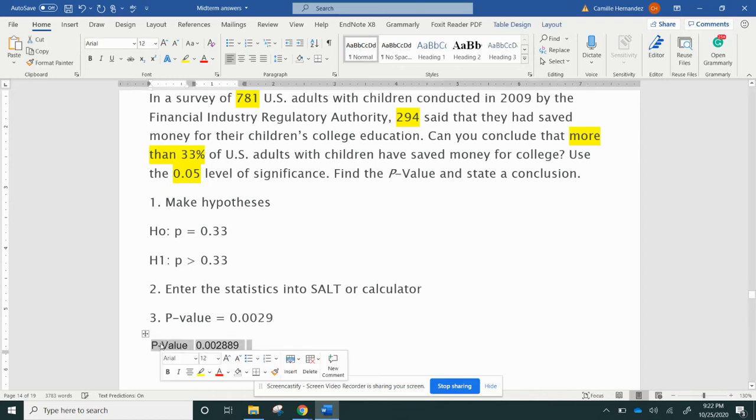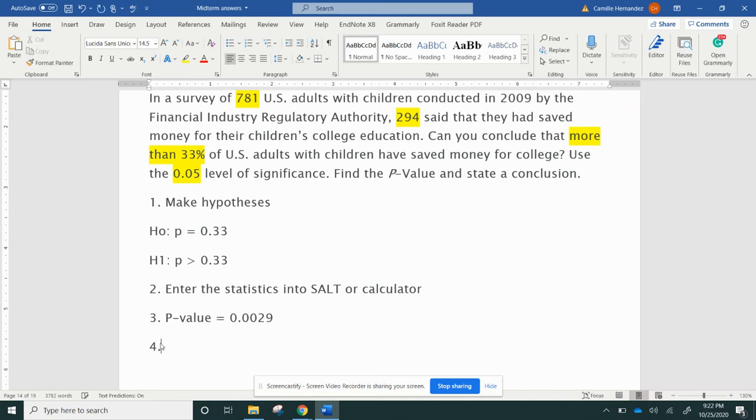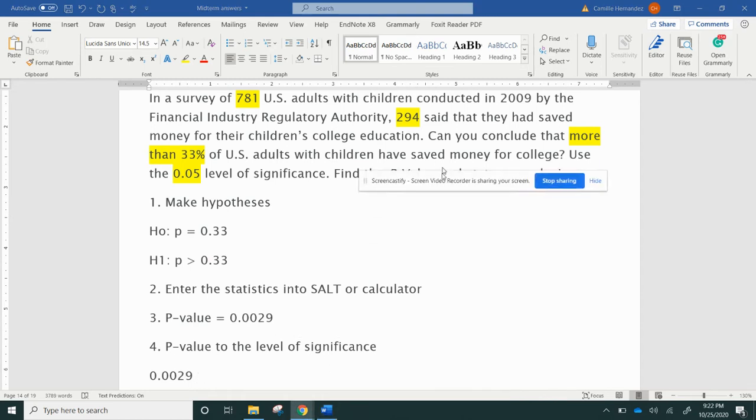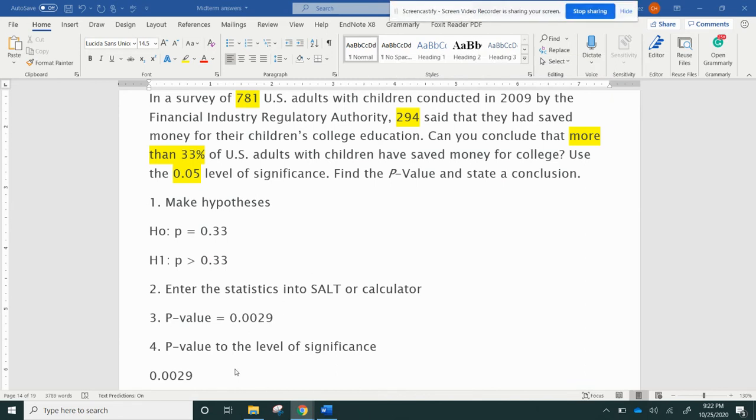All right, I'm not done yet. So what I need to do is compare the p-value to the level of significance. Okay, so 0.0029, and then I have 0.05.